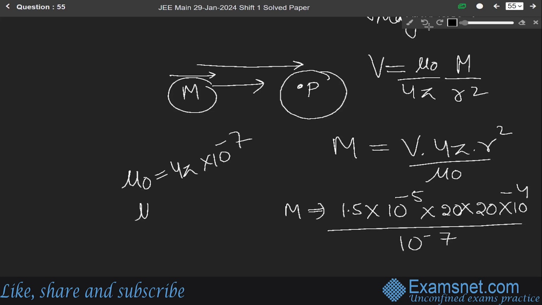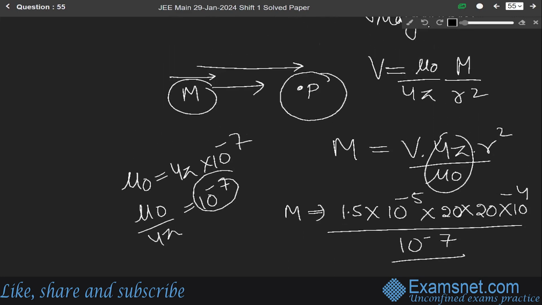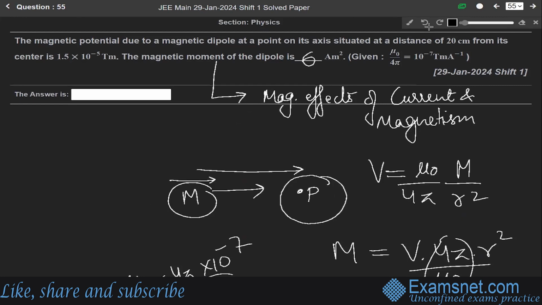So mu naught over 4 pi is 10 to the power minus 7, and this value we have written. So m will be equal to 1.5 into 4, which is 6. So our answer is the magnetic moment is 6 ampere meter square.